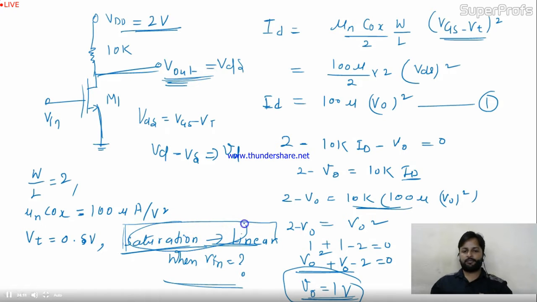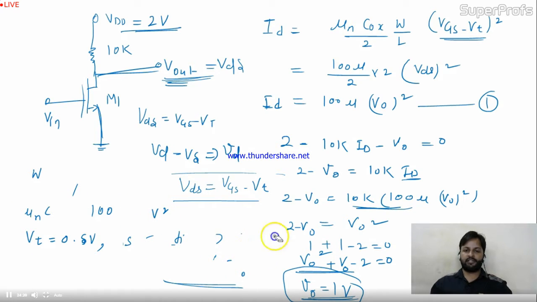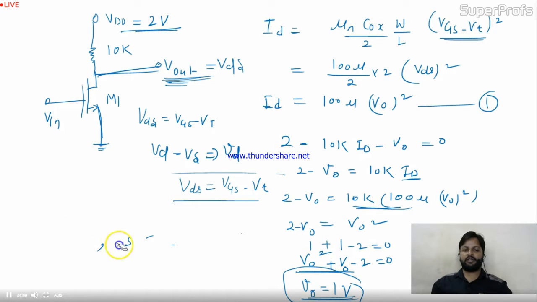At the transition point, VDS is just equal to VGS minus VT. This is the condition. Let me erase some part so it will be clear to understand. Saturation to linear or linear to saturation, whatever, it is only possible when VDS is equal to VGS minus VT.